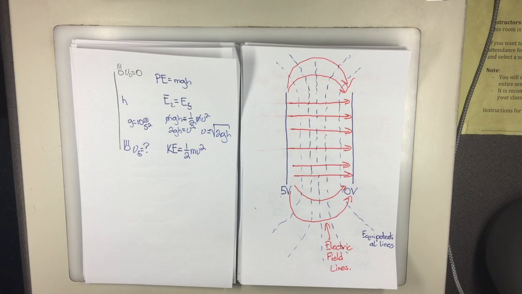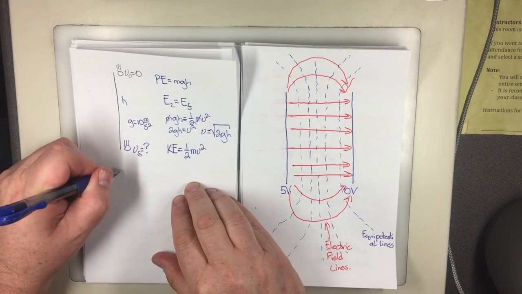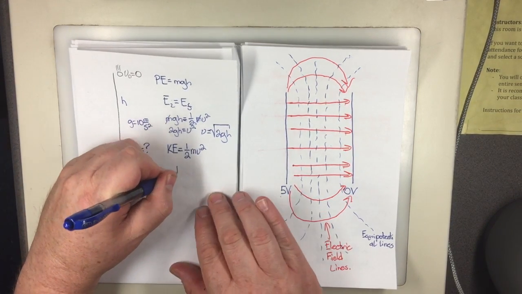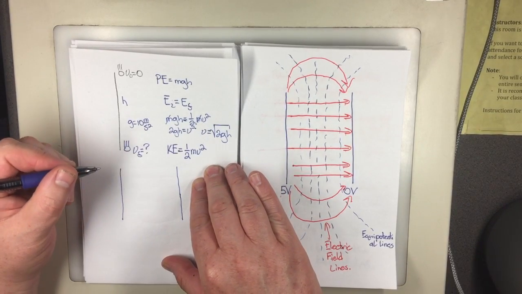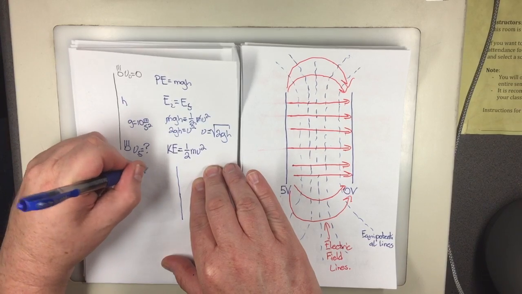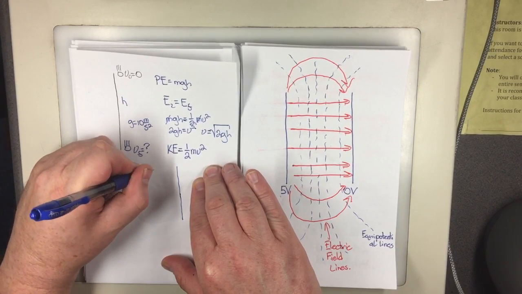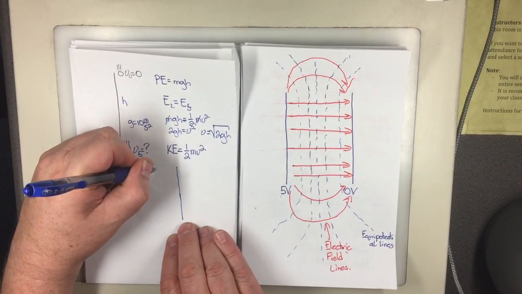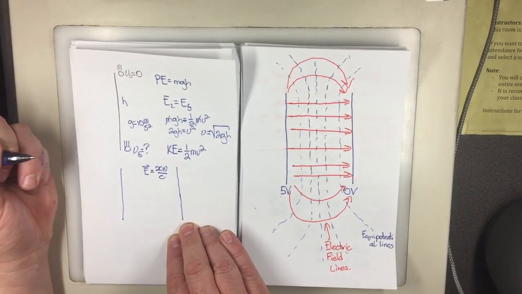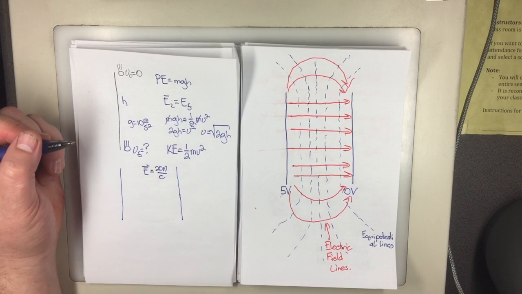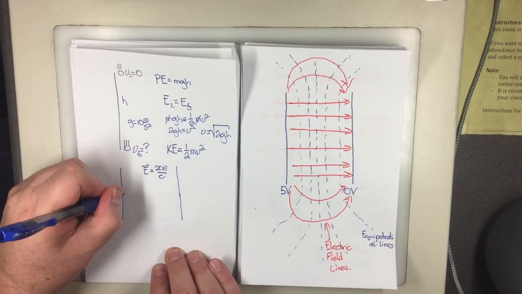Now, what I'm going to do is take away gravity and set up a uniform E field. A uniform E field that is basically 20 newtons per coulomb. And I'm doing these numbers dynamically, so I don't know how well they're going to work out.